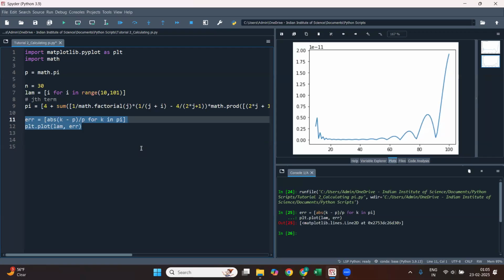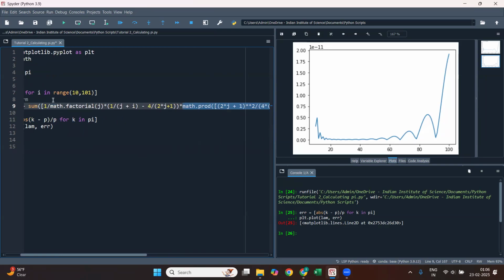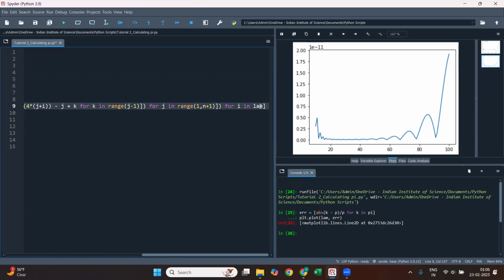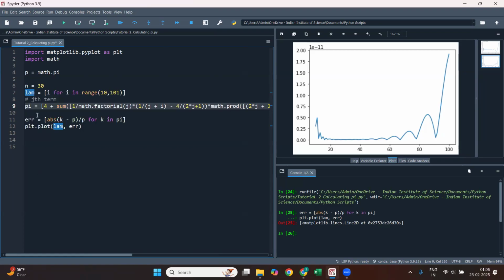And yeah, you could do similar cool things, but I just want to emphasize how wonderful list comprehension is, that we managed to calculate a product of multiple terms, we managed to calculate a sum of multiple terms, and we managed to calculate this entire list for so many values of lambda. And all of this complex math, all of this complex series calculation, we managed to do in a single line.